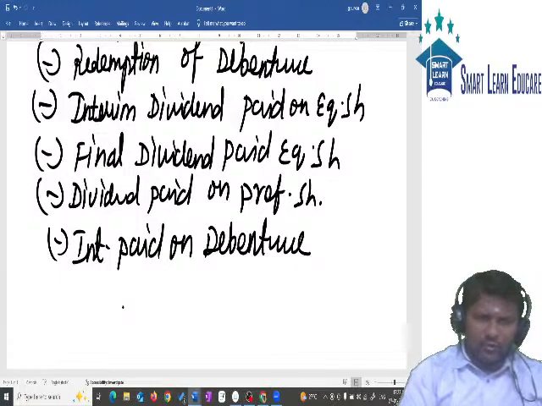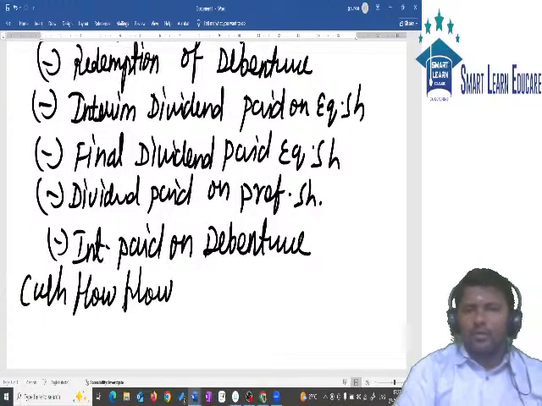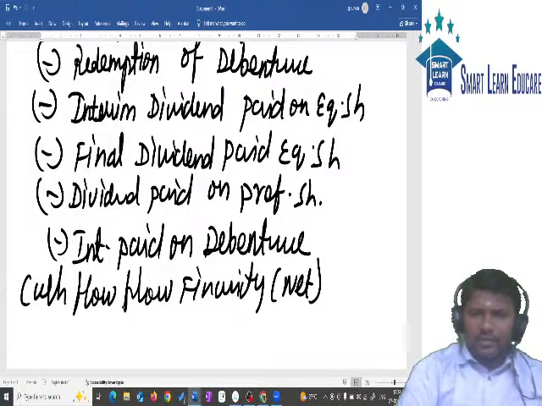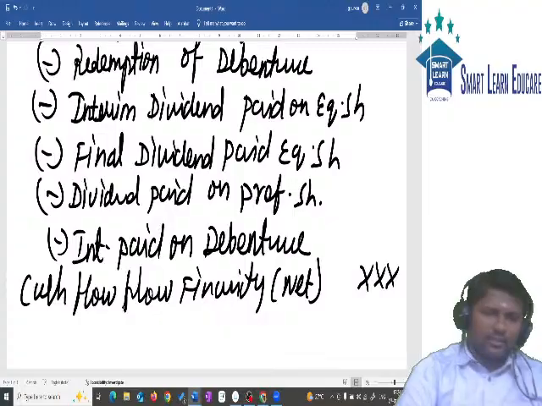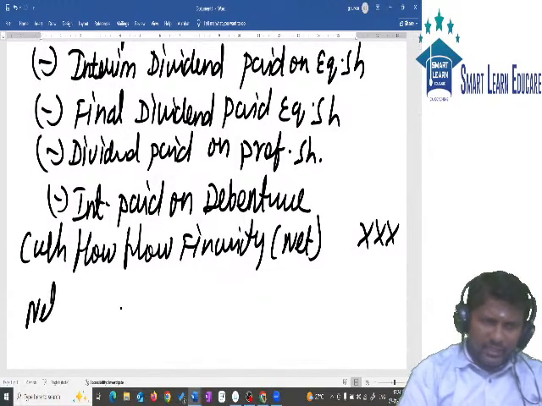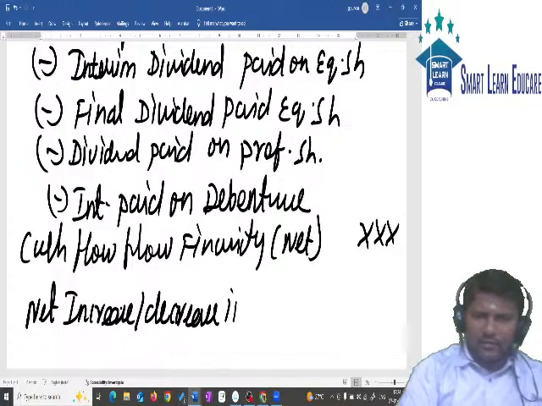This will give you net cash flow from financing activity. If you add all the three, you will get the net increase or decrease in cash.